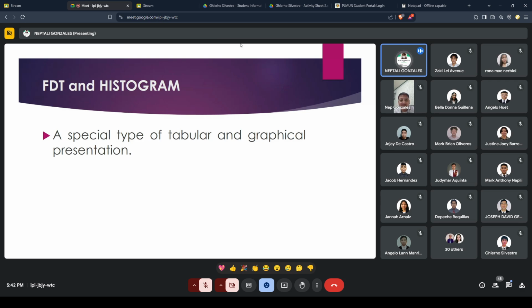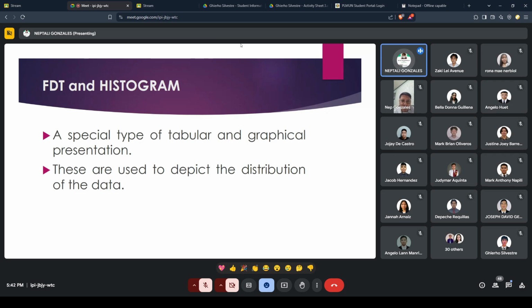Remember that we have 3 ways to present data: narrative, tabular, and graphical.